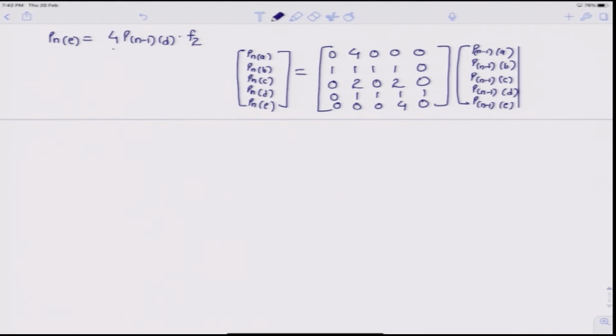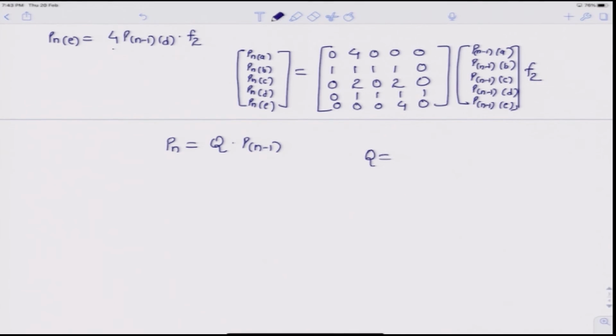So, if we call the matrix on the left hand side Pn, and this 5 by 5 square matrix with a factor of F2 we call Q, and the second column matrix here Pn minus 1.